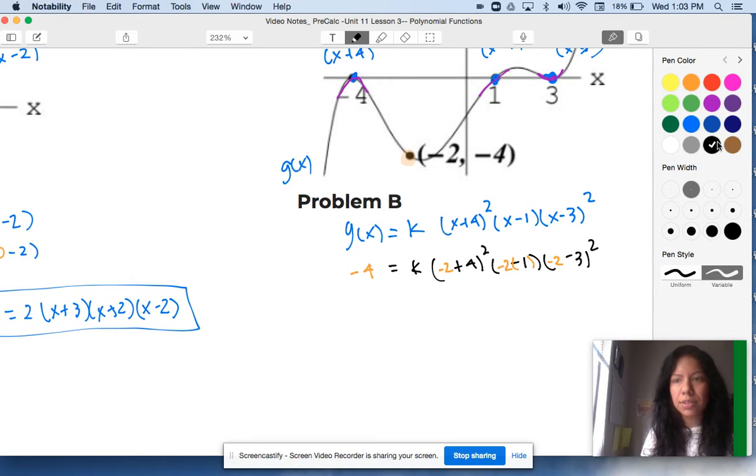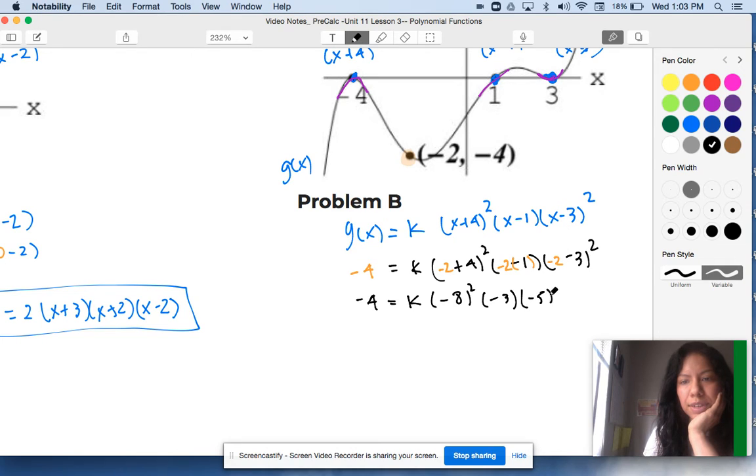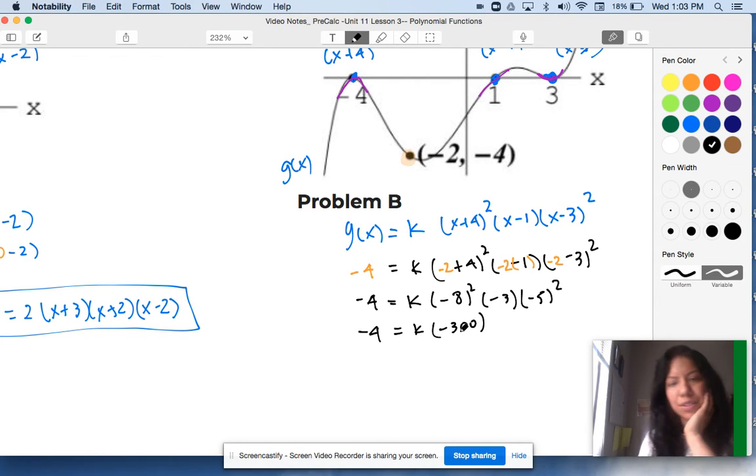Okay, so we have negative 4 is equal to k times negative 8 squared times negative 3 times negative 5 squared. Yay. Once you get all of that, I think you're going to get negative 300 here. Am I right with that? Yes, you're going to get negative 300.